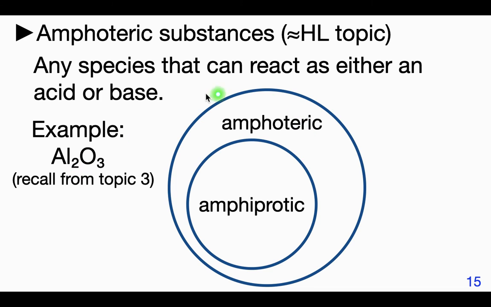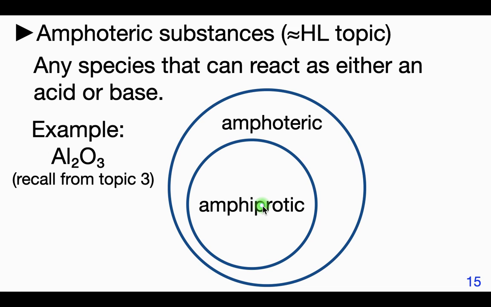Now we can bring in what we just talked about, amphiprotic, because all amphiprotic substances are amphoteric, but not all amphoteric substances are amphiprotic. So what you just need to know is that amphiprotic substances are amphoteric. They behave as either an acid, which is a proton donor, or a base, which is a proton acceptor.